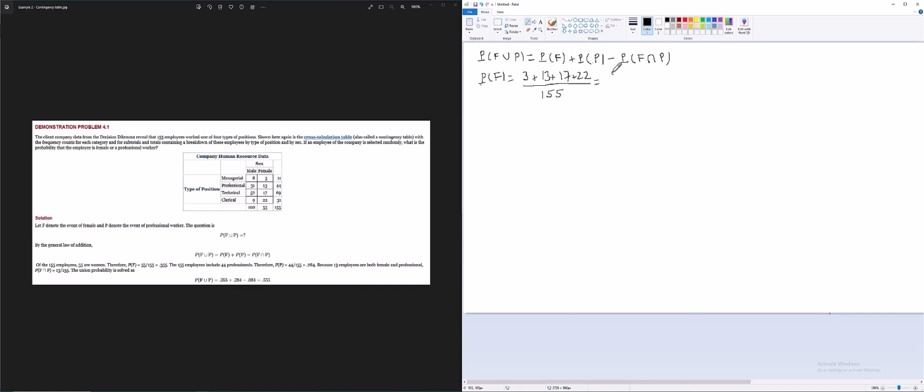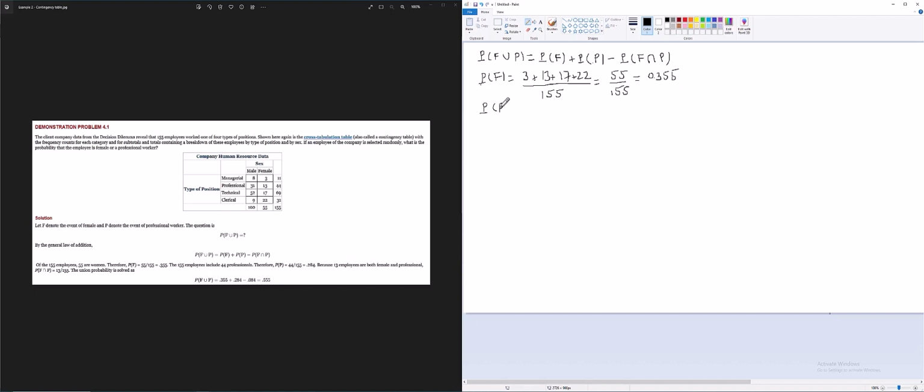If you add these numbers up, it's going to be 55 divided by 155, and that gives you 0.355. That's the probability of an employee being a female.